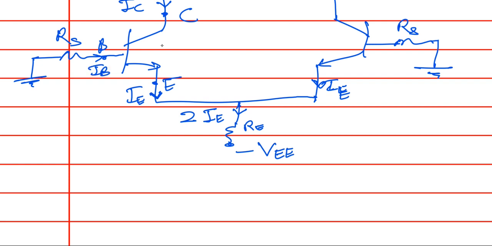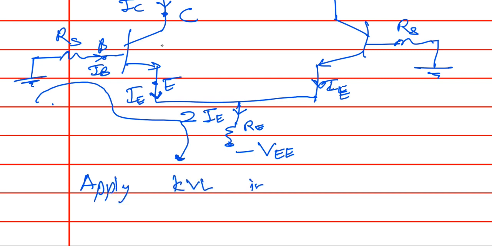Now step 1 is to apply KVL in the base emitter loop. So this is the base emitter loop, and in this loop you apply the KVL equation. Now the current is the base current IB, so here plus, here minus. Whenever you are applying the KVL equation, most of the students make a mistake here.